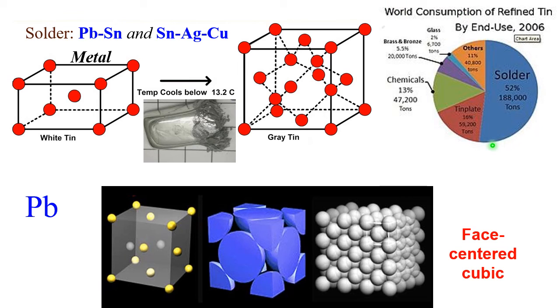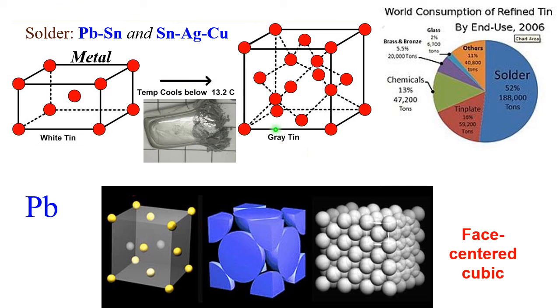Most of the tin, an enormous amount, is used for solder making. Some is used for making brasses, bronzes, and for covering steel surfaces as tin plate.